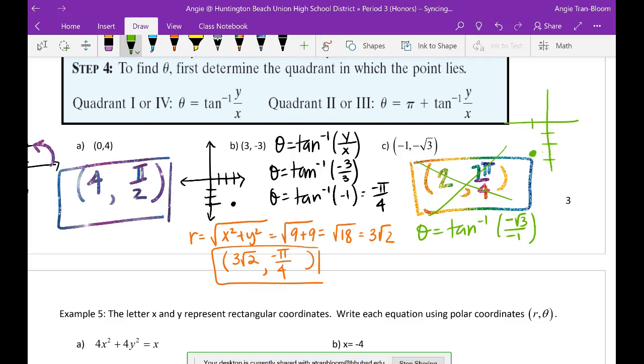Do you have to add pi? Yes. We still expect you to know the exact value of tangent inverse of radical 3, which is pi over 3. So this should have been 4 pi over 3.